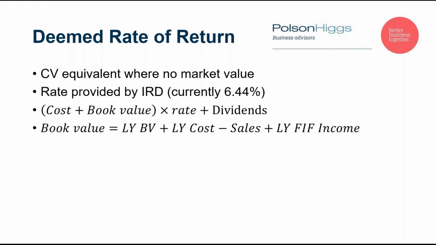The deemed rate of return also has a couple of other catches to it. If my gains line, so my proceeds from my sale, is greater than my deemed income, then I simply put my deemed income equal to my gains. So I increase my deemed income based on any capital gains that I've effectively made. As I said before, backdoor capital gains.